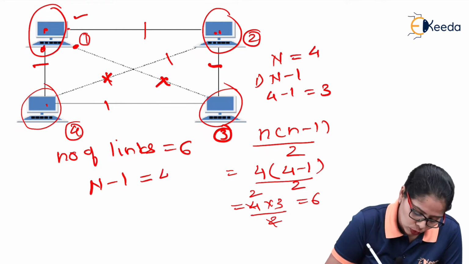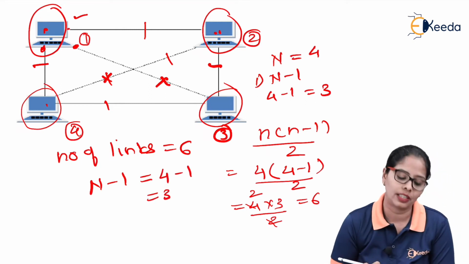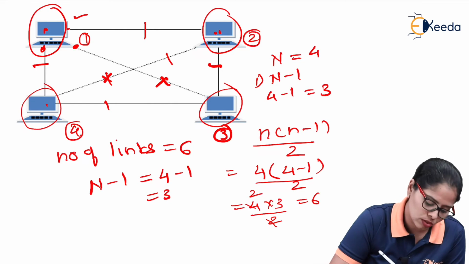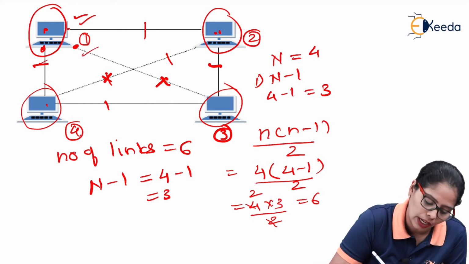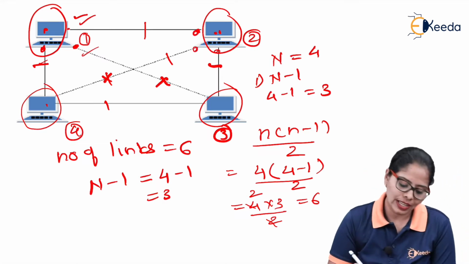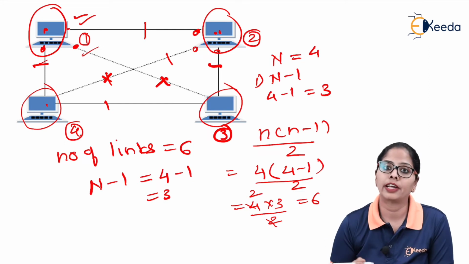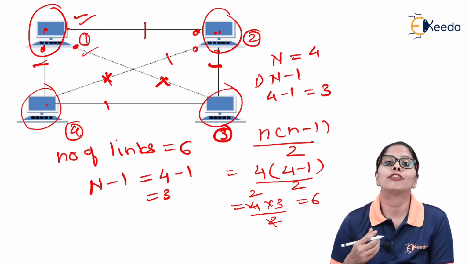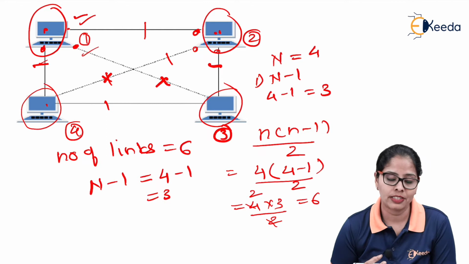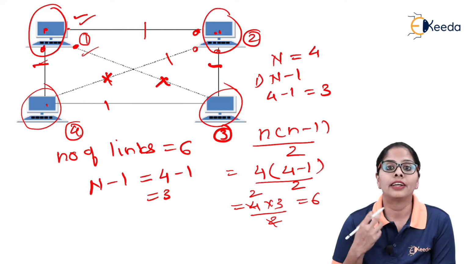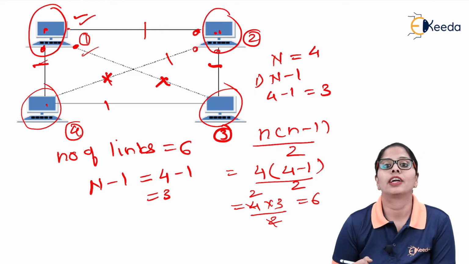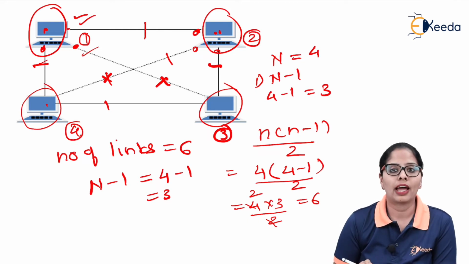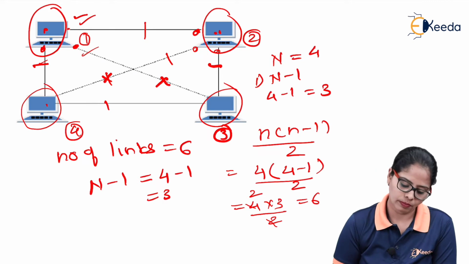Again I have to do 4 minus 1, so there will be 3. So how many input output ports are there? 1, 2, 3. Over here for this PC also input output ports are there. 1, 2, 3. So in such a way we can find out how many nodes a particular PC is connected to, how many dedicated links are there in the topology, and also we can find out the number of input and output devices.